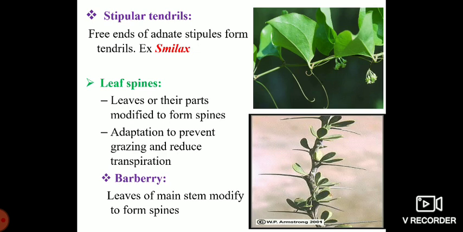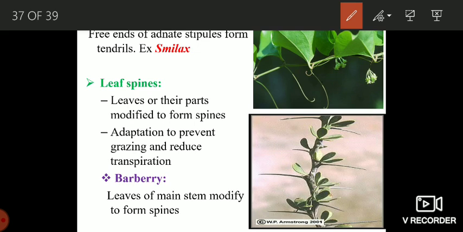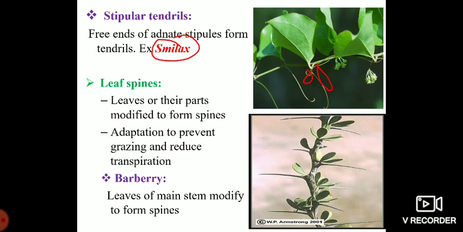When these structures get modified and form tendrils, these are known as stipular tendrils, and these are present in Smilax. Here you can see these are the stipular tendrils which have formed from the stipules.